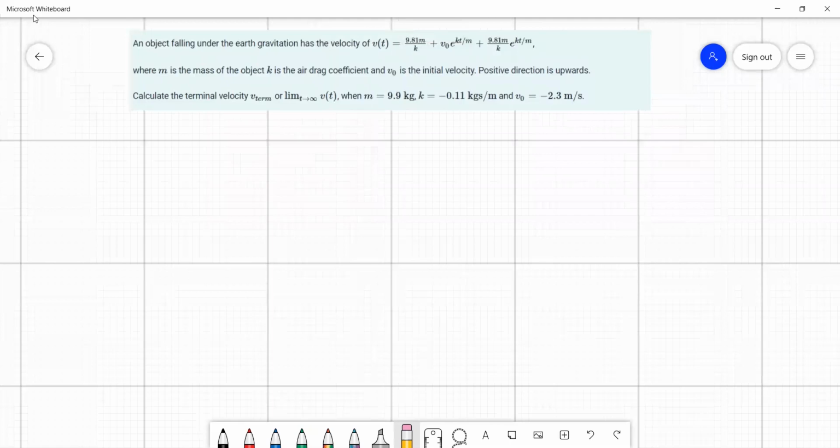Let's plug the values we are given into the equation. So vt equals gravity times the mass, which is 9.9 kilograms, divided by the drag, which works against these two, which is why it has a negative notation.